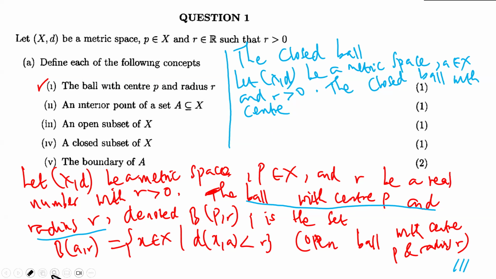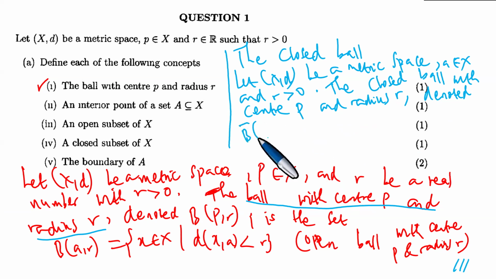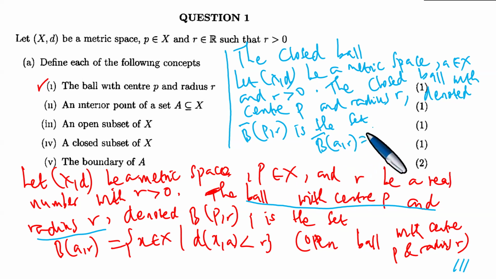Normally we do it in terms of center a. With center p and radius r, denoted B bar of (p, r). So this one will be a closed ball, is the set. So this one would be B bar of (a, r).